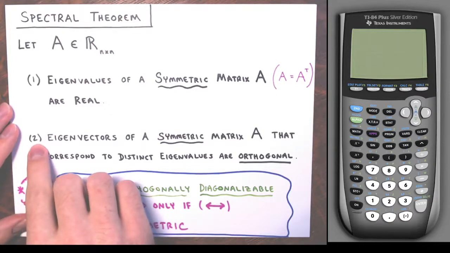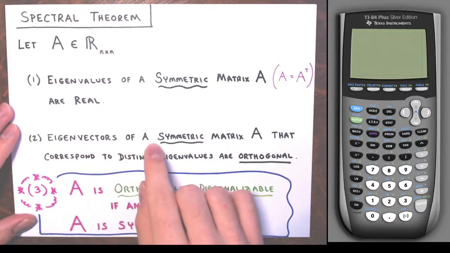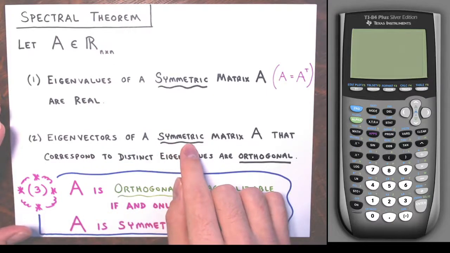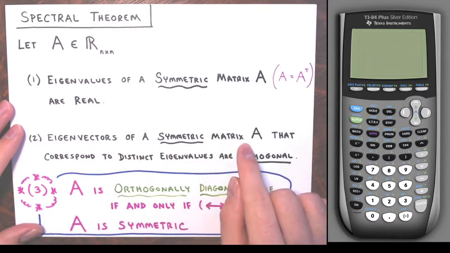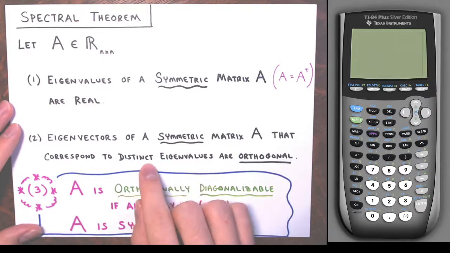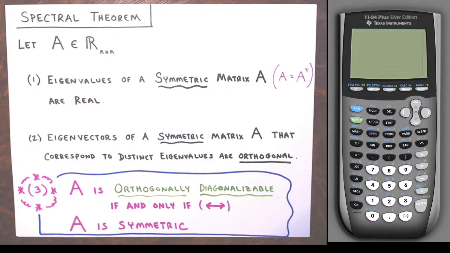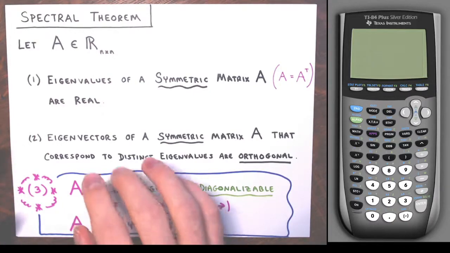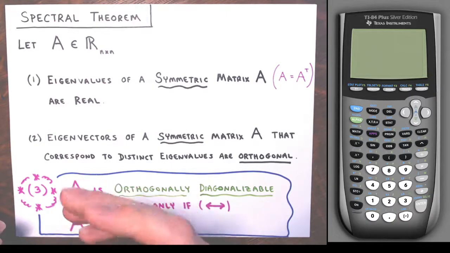Number 2: all these statements are about symmetric matrices. The eigenvectors of a symmetric matrix A that correspond to distinct eigenvalues will be orthogonal. So for instance, say a symmetric matrix has eigenvalues of 2 and 3.